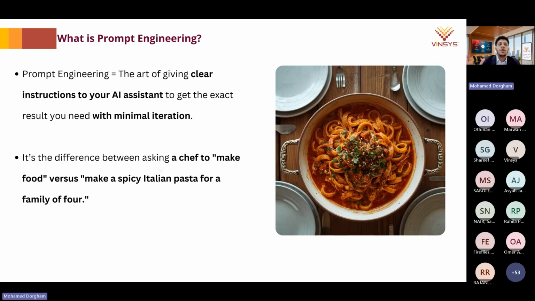If you know this term, or if you didn't hear about it before, in very simple terms, it refers to how you write instructions to the AI in an effective way, so you get the best answer from the first time, or with less iteration.